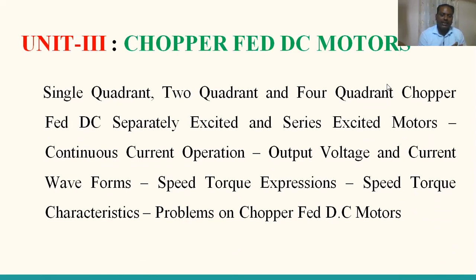In this regard, single coordinate, two coordinate, and four coordinate chopper fed DC separately excited drive and DC series motor drive are analyzed, in terms of continuous current operation, output voltage and current waveforms, speed torque expressions, speed torque characteristics, and also some numericals belonging to chopper fed DC motors.